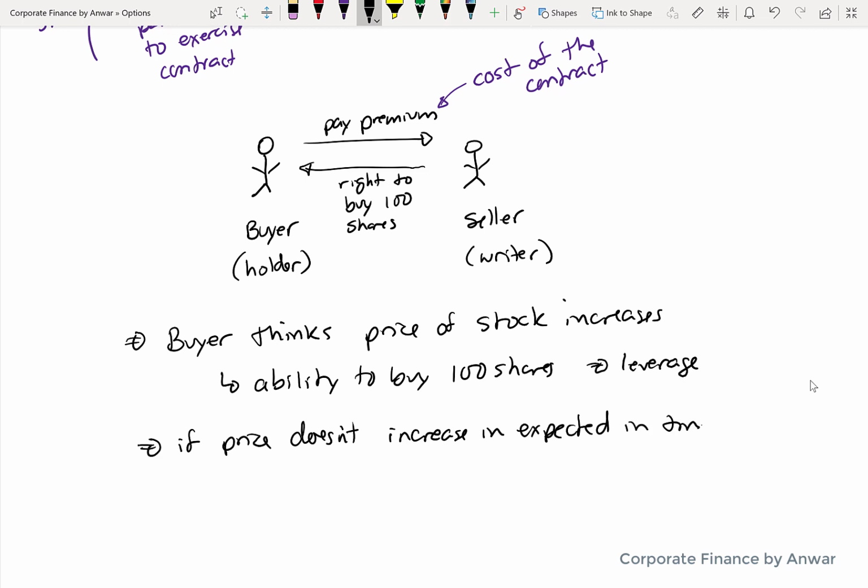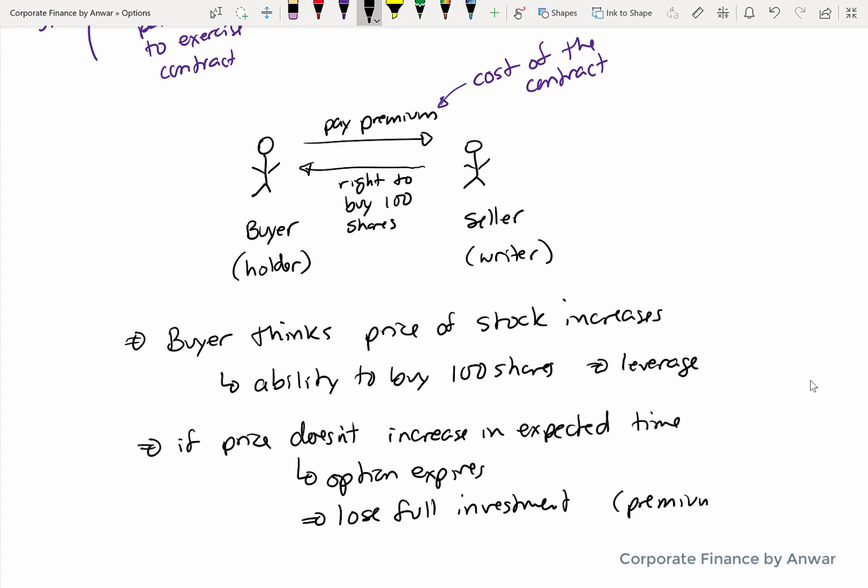If it doesn't increase in the expected time, then the option expires, and you lose your full investment, which essentially was the premium that you paid for the option.